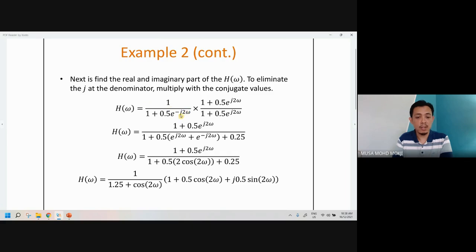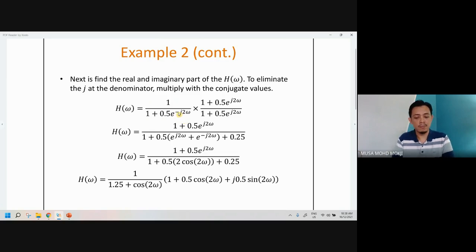But because this is in the denominator, we need to multiply by the conjugate, the conjugate pair. Whatever you have here, multiply by its conjugate. So what is a conjugate? If you have a complex number, the real part stays the same, but for the imaginary part, you change the sign. So what is the imaginary part?